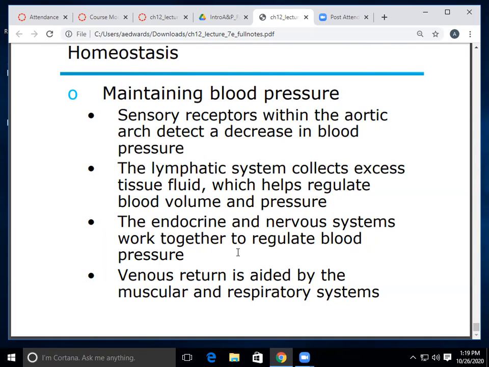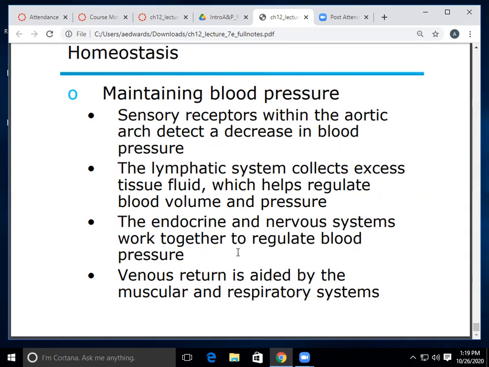Okay, venous return. This means how much blood comes back to the heart from the veins. It's supported by your muscular system, your respiratory system, right? So your lungs, in terms of their ability to allow, remember we have sphincters at the capillaries in your lungs. They can control how much blood flow gets into the pulmonary veins.